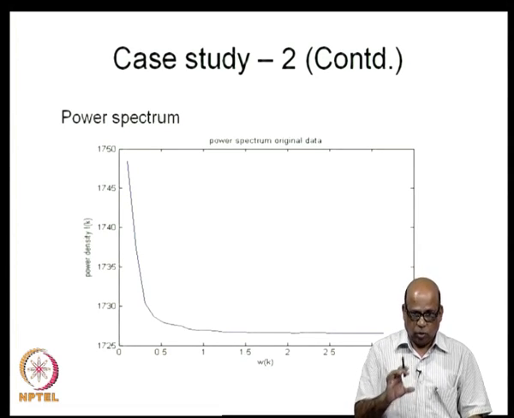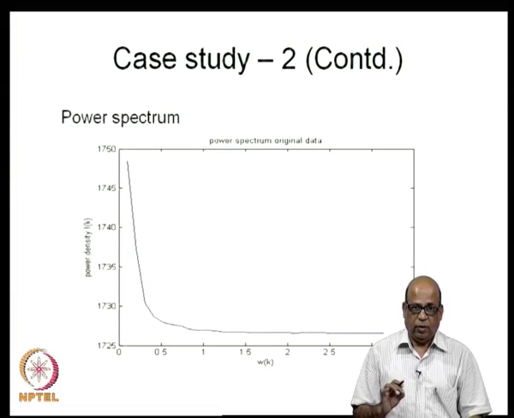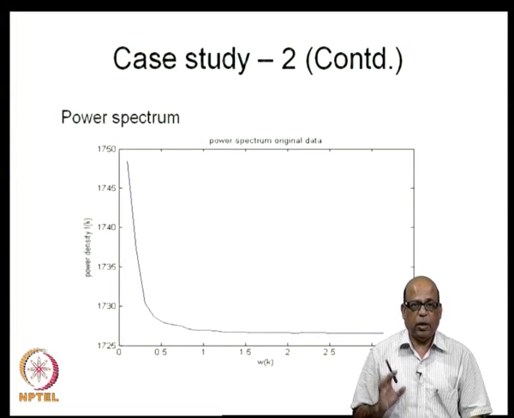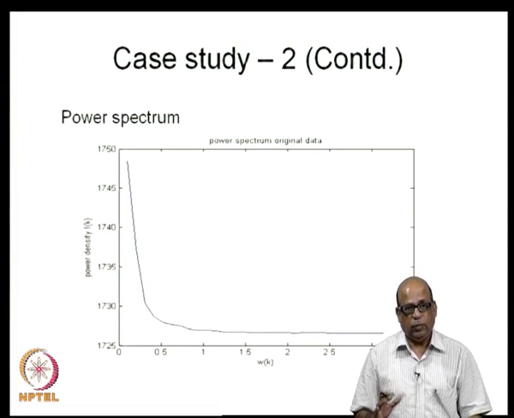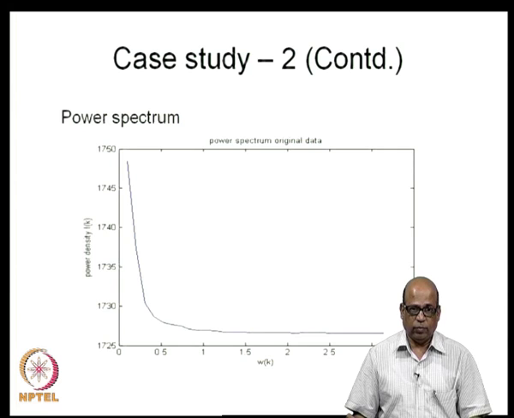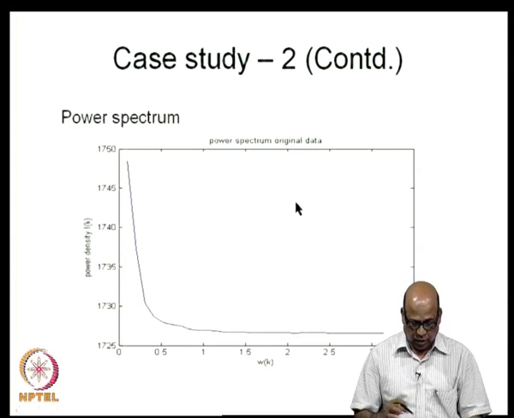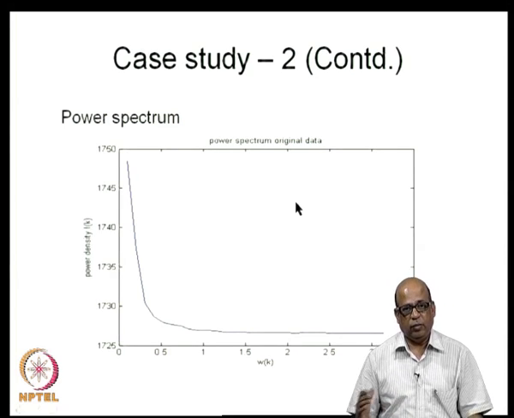But typically it is the correlogram and the partial autocorrelation function that will give good indications for the autoregressive process. So, in this particular case we can say that this follows closely the AR2 process.